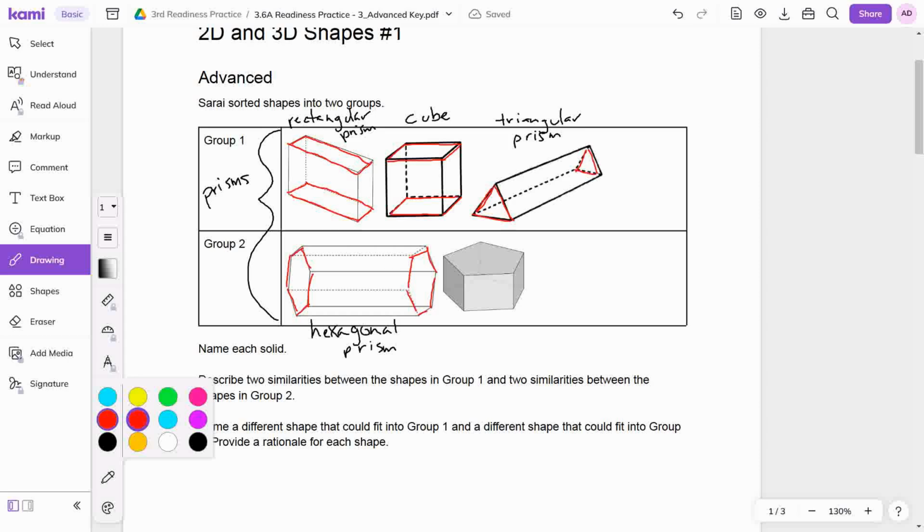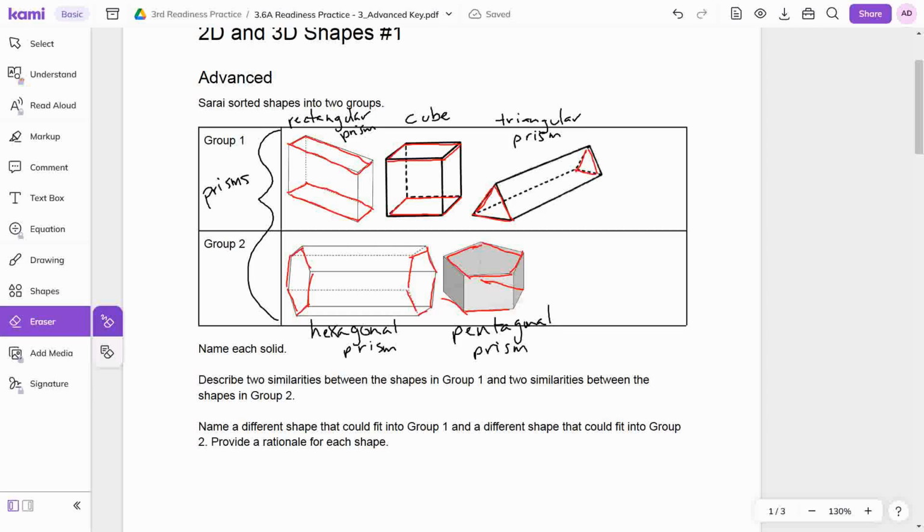And then this shape here, 1, 2, 3, 4, 5. You probably recognize that as a pentagon. So that is a pentagonal prism. So we've named all of our shapes there.